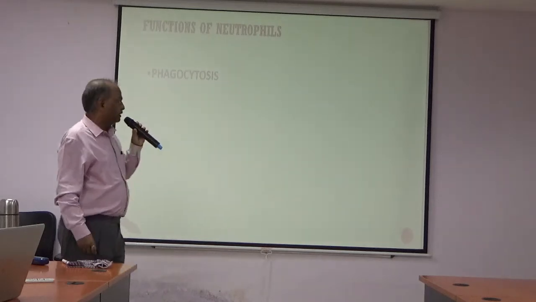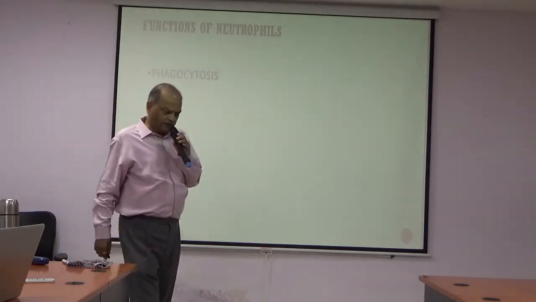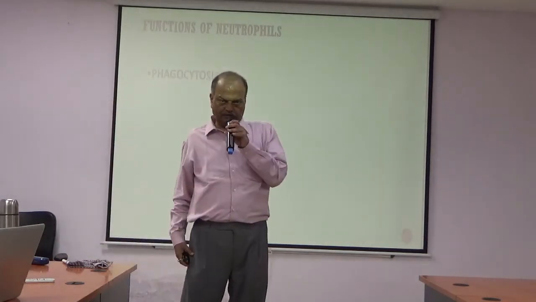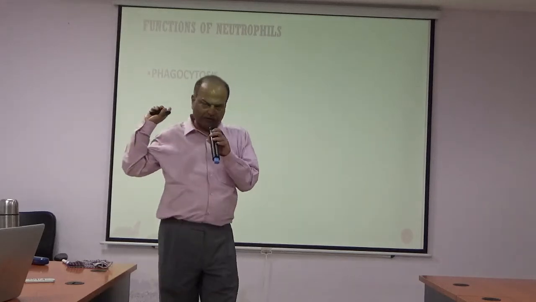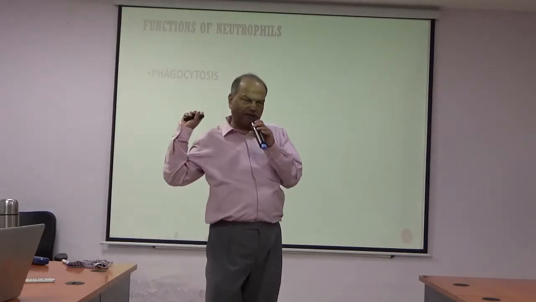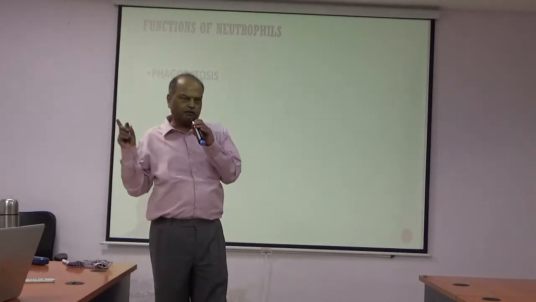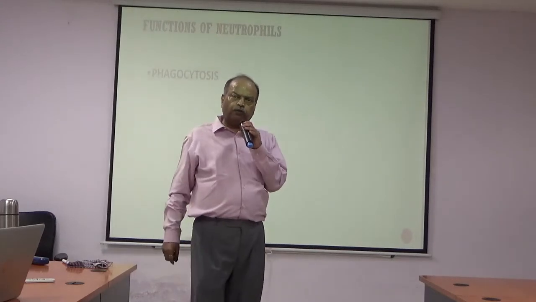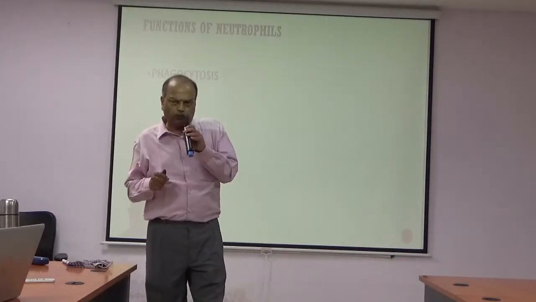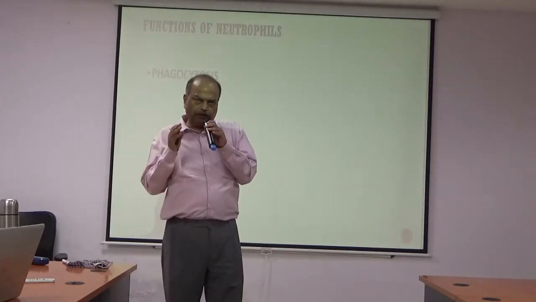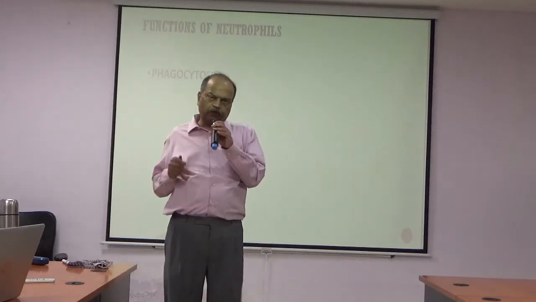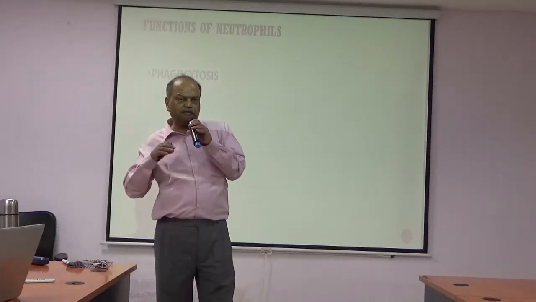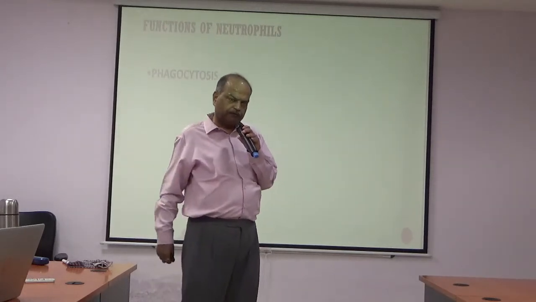Again, in the development of the WBC, which we have previously pointed out: the myeloblast, promyelocyte, myelocyte, metamyelocyte, band metamyelocyte, and the neutrophil. You can divide that into two compartments: the mitotic compartment and the post-mitotic compartment.